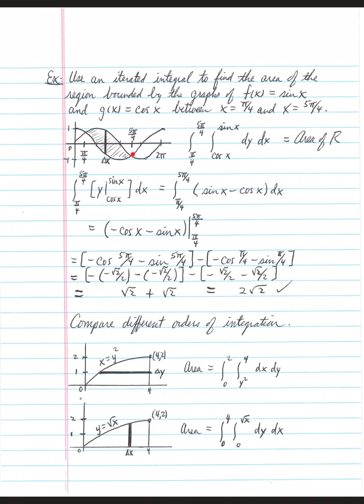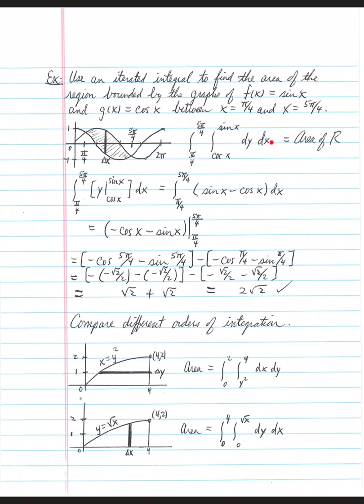At 5 pi over 4 in quadrant 3, where 225 degrees is located, both sine and cosine are negative square root of 2 over 2, making them equal. So they intersect at pi over 4 and 5 pi over 4. So that's why I chose these as the lower and upper x limits.